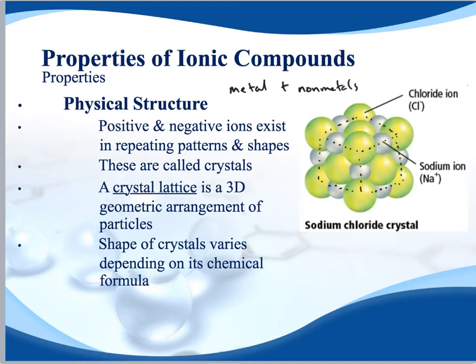They're not all going to be like that, but maybe now you can see its 3-dimensional geometric arrangement, the crystal lattice. The shape of the crystal varies depending on the chemical formula. So this is nice because I have a 1-to-1 ratio of my compound, NaCl, 1 sodium to 1 chlorine. But if you had something like what we saw in one of the previous slides, aluminum oxide, Al2O3, that's not going to fit conveniently into this kind of structure, so it's going to have some other kind of shape.